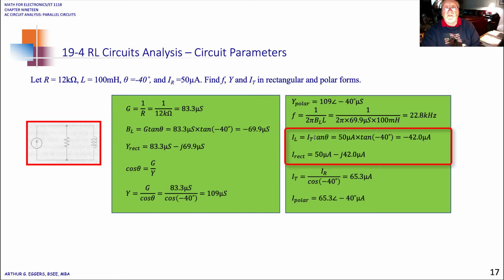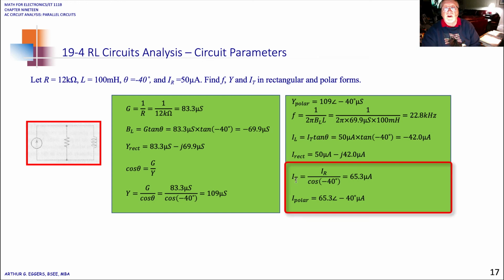Again, using the definition for the tangent, I sub L divided by I sub T, moving the terms around, we get a value of 50 microamps times the tangent of minus 40 degrees that was given equals minus 42 microamps of current through the inductor. The rectangular value for the total current then becomes 50 microamps minus J 42 microamps.